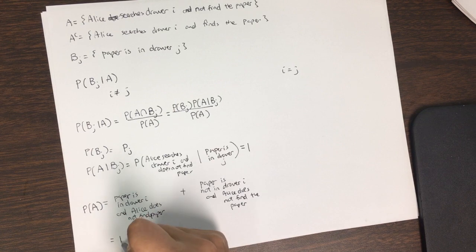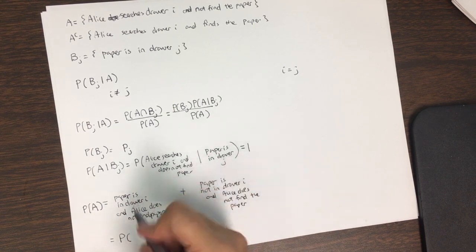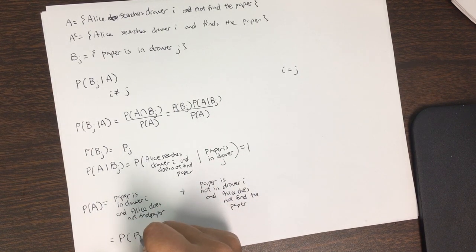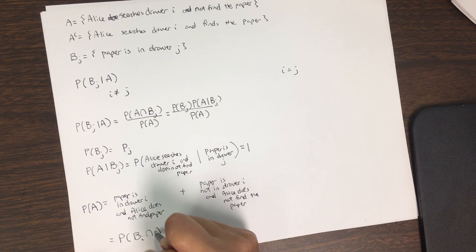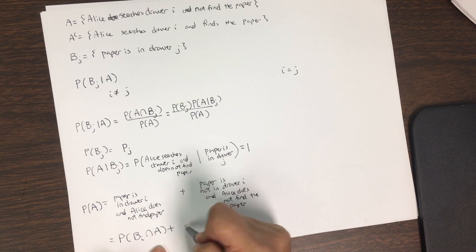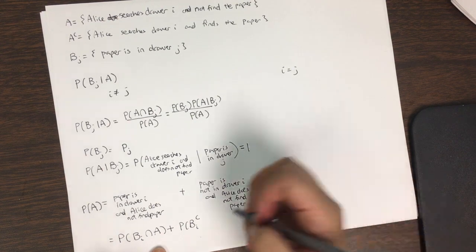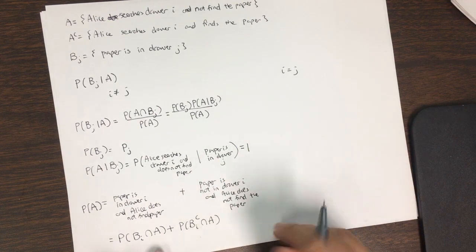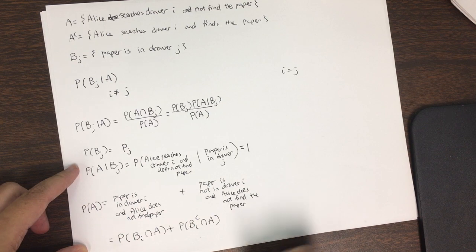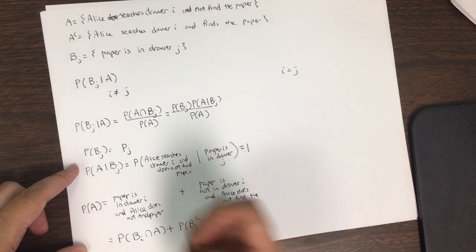So we know that this is the probability that the paper is in drawer I and Alice does not find the paper, or the paper is not in drawer I, which is BI complement, and Alice does not find the paper. So again, we can use the definition for conditional probabilities.